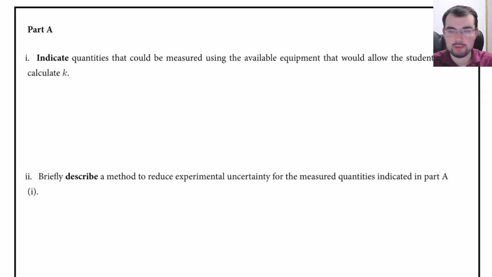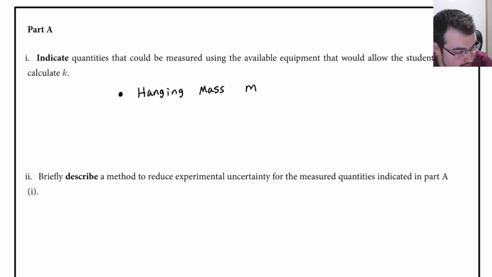Indicate quantities that could be measured. So this is not write an experiment. This is saying what could be measured. We can say the hanging mass M, and we can measure the spring extension delta X. Now, because of how Hooke's law works, you could have just said length.